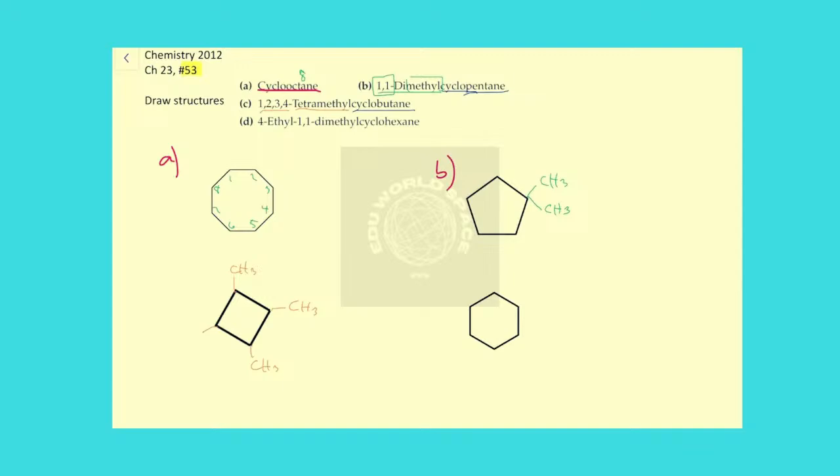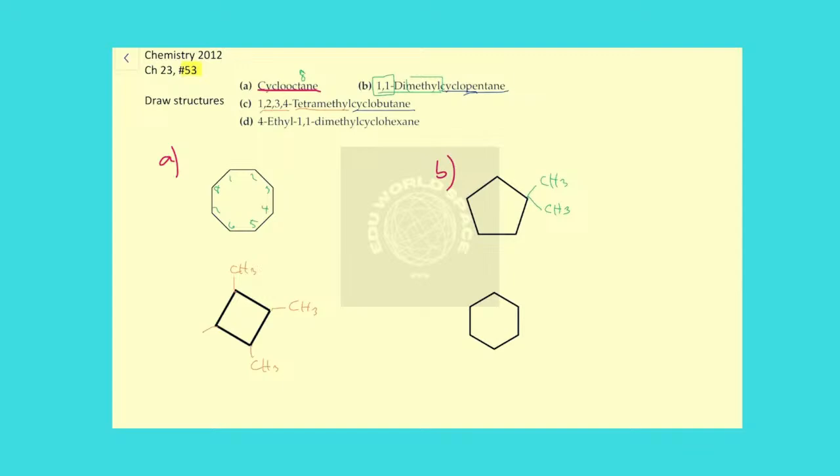Cyclohexane, and then we got 4-ethyl-1,1-dimethyl. I want to go ahead and number my carbons here, and again, it doesn't matter which one is carbon 1, so just choose that to be carbon 1, 2, 3, 4, 5, 6. Now that they're numbered, I can go ahead and put my groups.